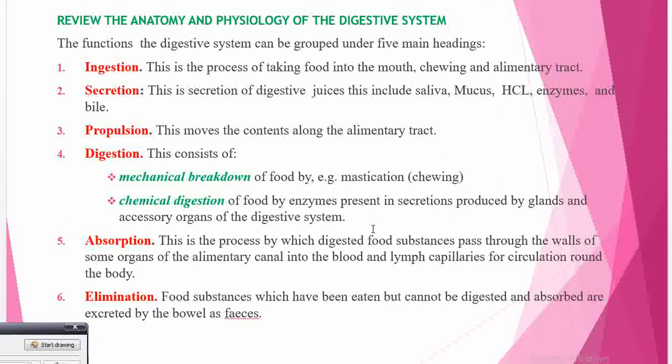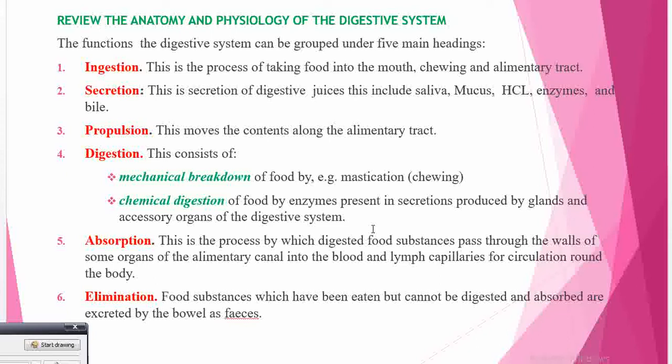Then secretion is the production of digestive juices, like saliva being secreted by 3 glands in your oral cavity, the parotid, sublingual, and submandibular glands. And then we have hydrochloric acid as well. Those are secretions.